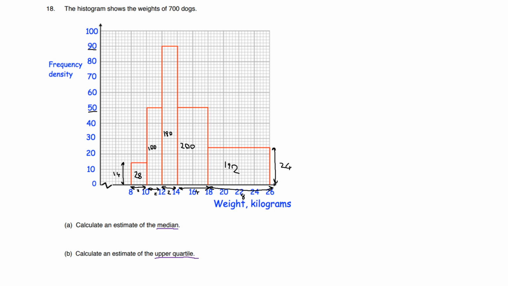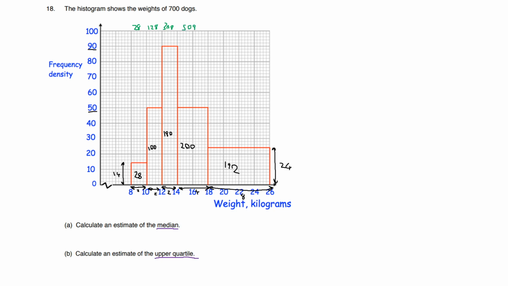Now we need to work out the cumulative frequencies. I'm going to put them at the top here. So we have 28. 28 plus 100, 128. 100 plus 180 is 308. 308 plus 200 is 508.